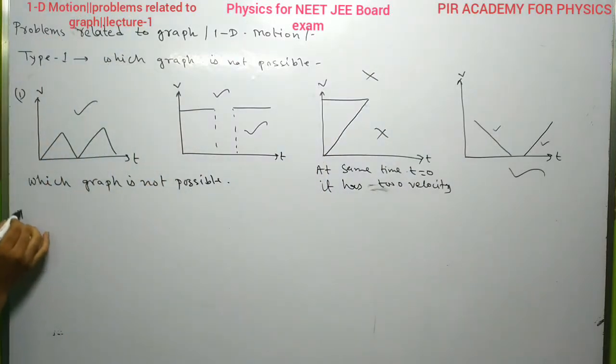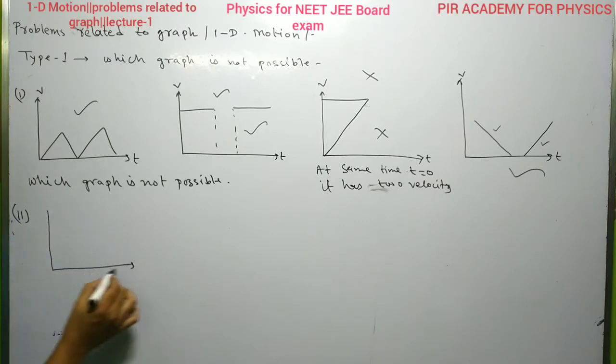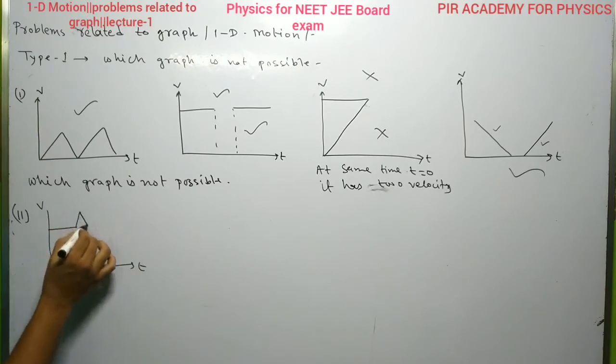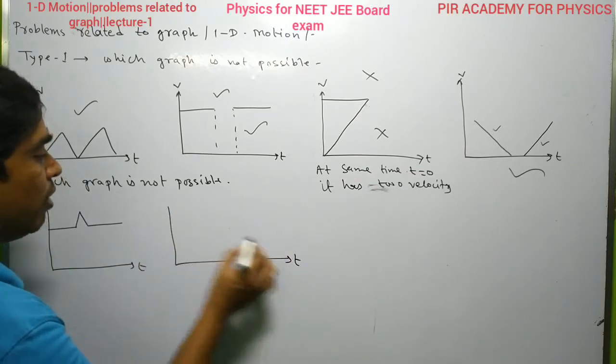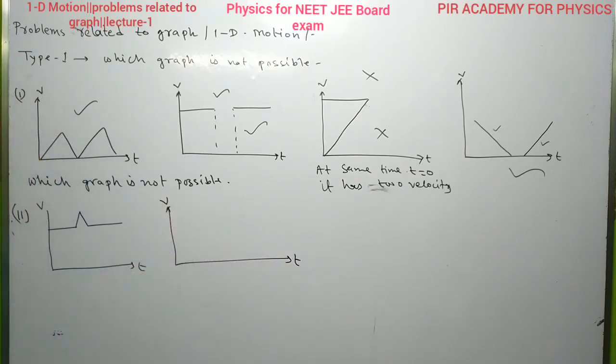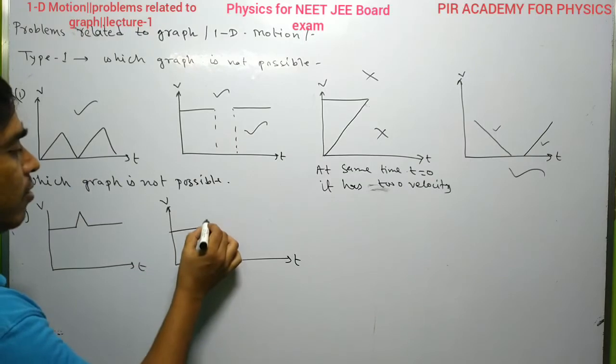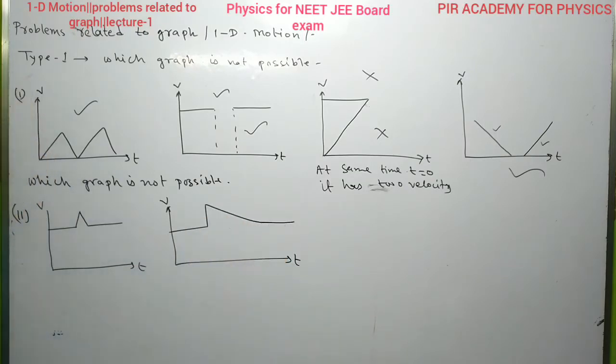Number 2. If I draw the velocity time graph like this, suppose this is one type of graph. If I draw another velocity time graph like this, suppose this is another graph.